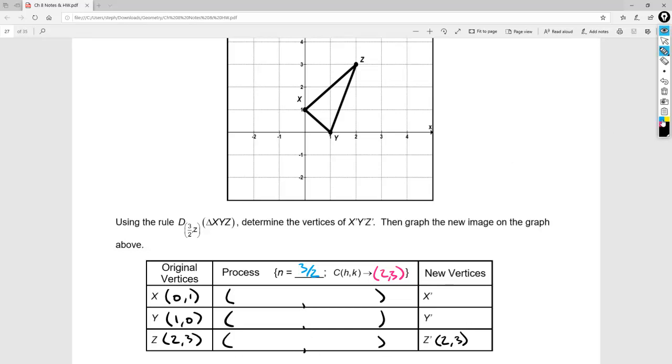I'm going to first be multiplying everything by 3/2. I know that right off the bat. Okay, I'm going to go ahead and plug in my points, 1, 0, and 3.